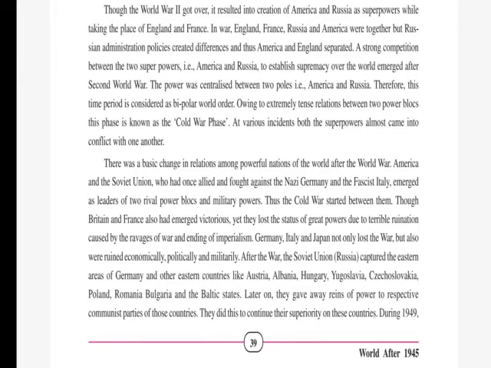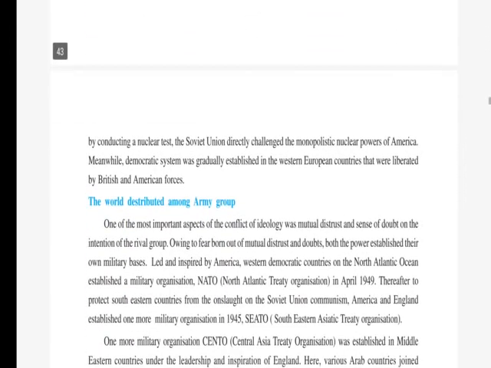The communist revolution took place in China, and this was a threat to allies of the USA in Southeast Asia. This led to the formation of the Southeast Asia Treaty Organization, known as SEATO.